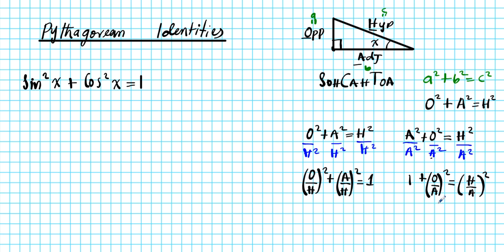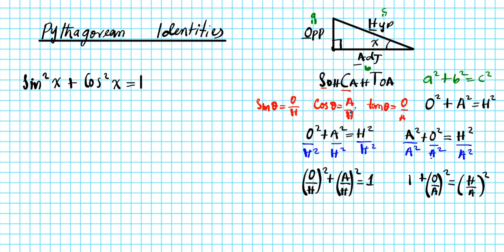Now, in SOHCAHTOA, let me just write this out so it's clear what I am doing. Sine theta is opposite over hypotenuse. That's SOH. And cosine theta is adjacent over hypotenuse. That's CAH. And tan theta is opposite over adjacent. So we have O over A here. This is going to be tan square.